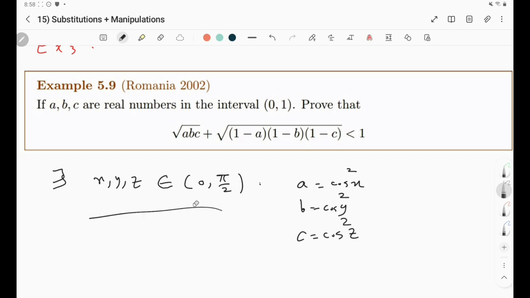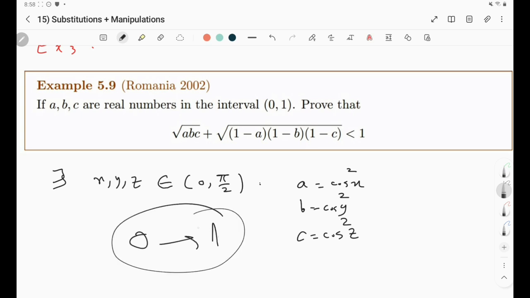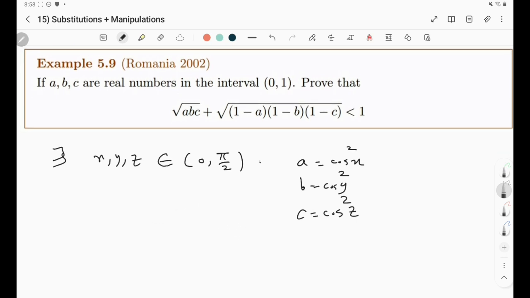Do we need to adjust anything here? Well, not really, because if you have the numbers from 0 to 1, and you square them, they are still in the same range. So you can just do that. Now this is way better, because our inequality is the same as: the root of cosine squared, cosine squared, cosine squared is just the product of cosines.